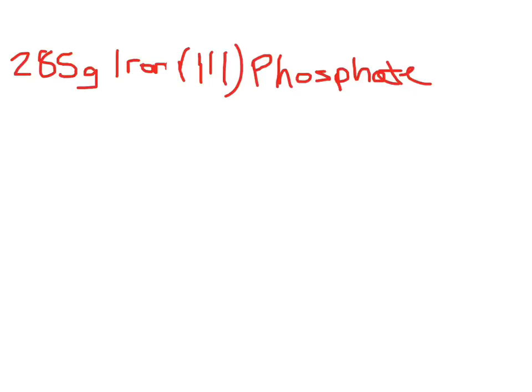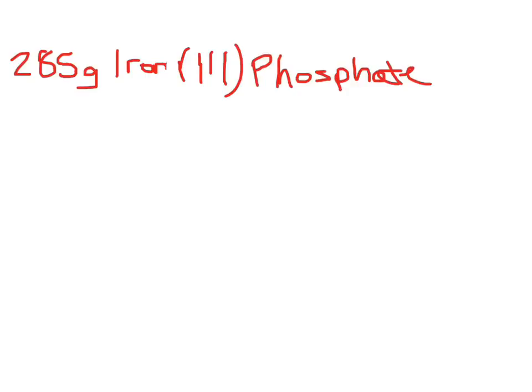Iron has a +2 and a +3. It has 2 charges, so you can't just write iron phosphate, because technically you won't know which charge to write. If you didn't know the charges, that would be a problem.